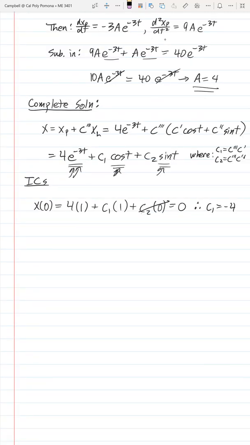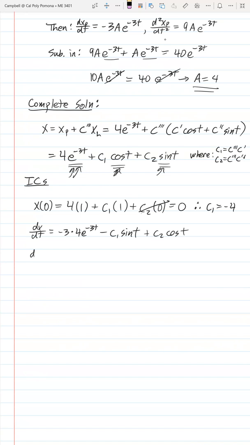Now we have to take the derivative of the overall solution. So in our case, we have a -3 coming on down. Now remember that A, we found that to be 4. So we get -3 times 4 times e to the -3t minus C1 that we just found times sine t when we take the derivative of cosine, plus C2 times cosine t when we take the derivative of sine.